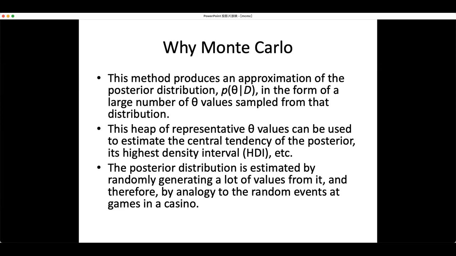Monte Carlo refers to pretty much just a random process, because Monte Carlo, as I say, was the biggest gambling city in the world back in the old days.